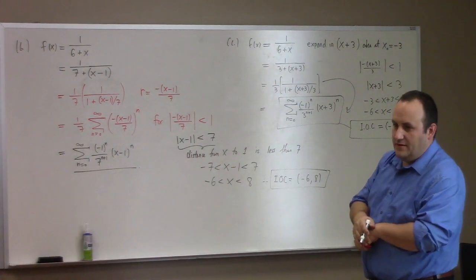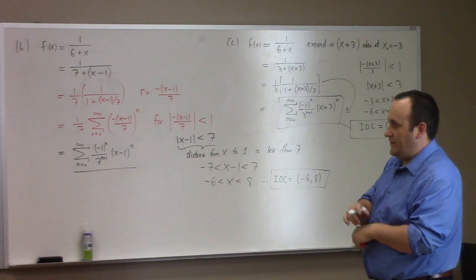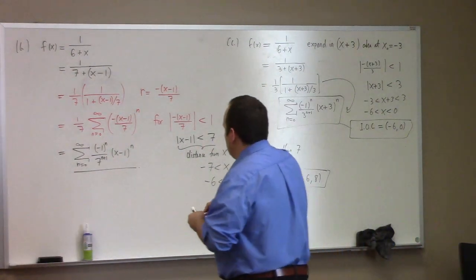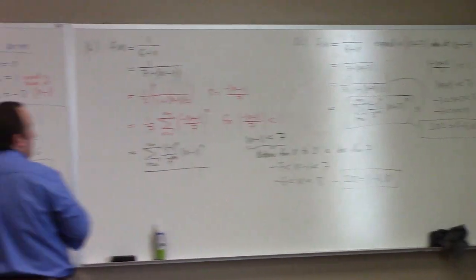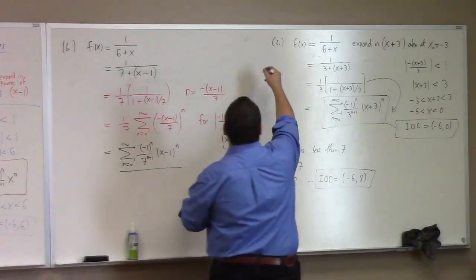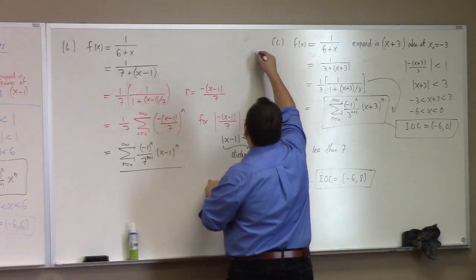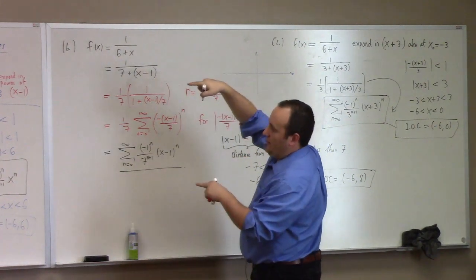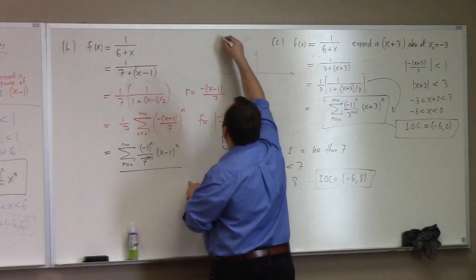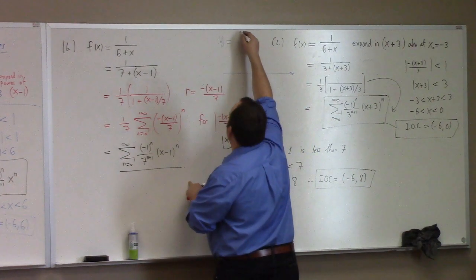We can anticipate all of these things graphically, all right? So if you look at what this function is, we're looking at the total function here, y equals 1 over 6 plus x.